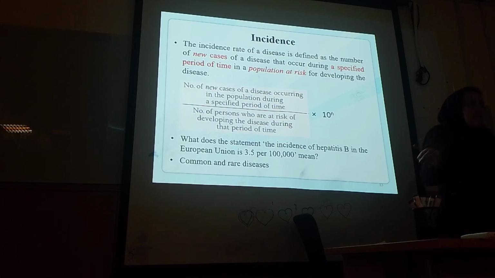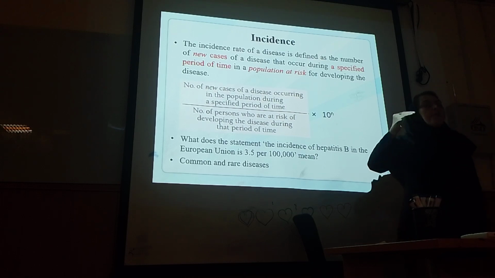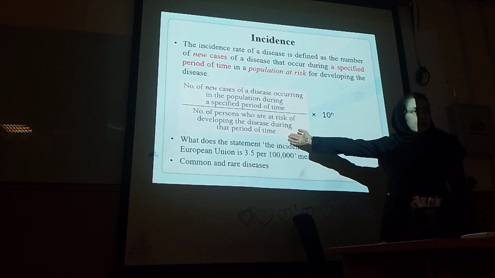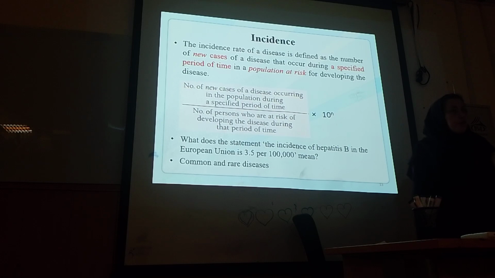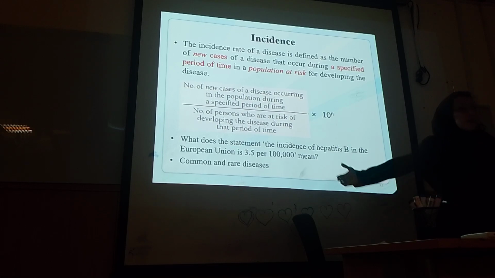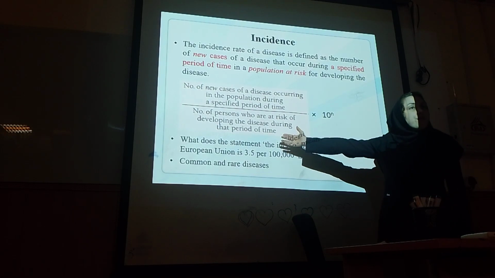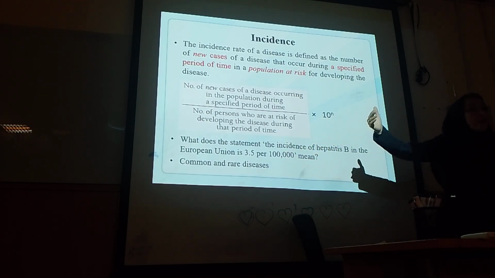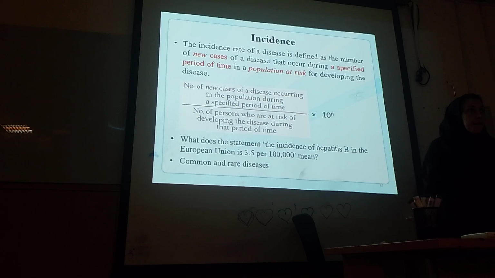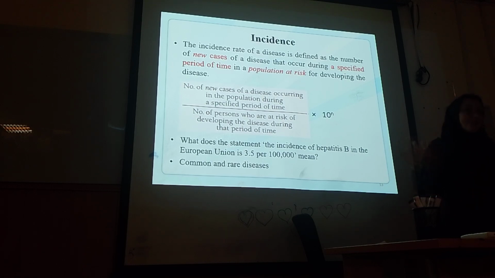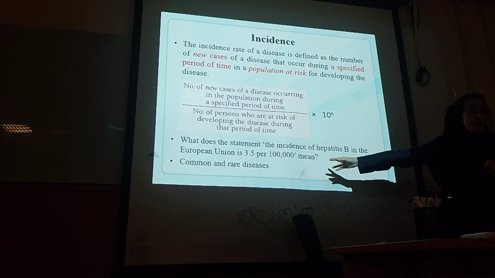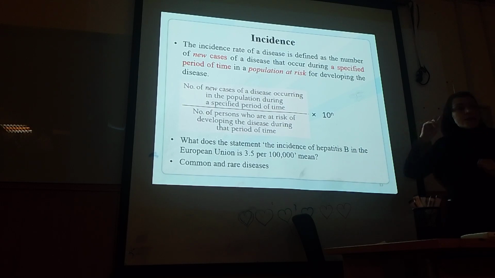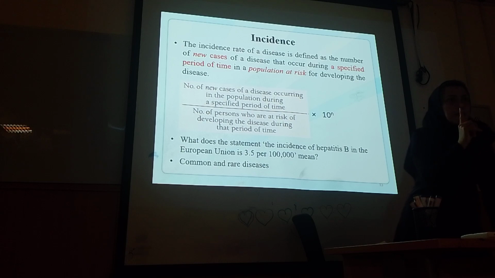For prostate cancer, we can put just the number of men in the denominator. For ovarian cancer, just put the number of females who have ovaries. If they have had an oophorectomy, they are not at risk for ovarian cancer either. So, please be cautious.